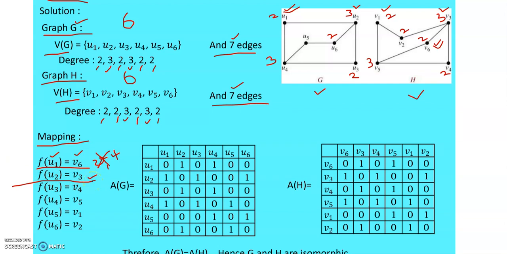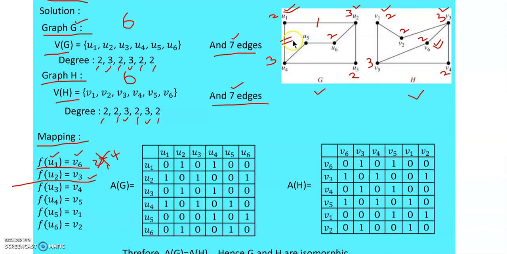Now, one more thing, this is the mapping for vertices. Okay, for edges, no need to write the mapping, but automatically it will happen. Now, how can we understand that? Now you see here for u1, what are the adjacent vertices? What are the incident edges? This one and this one.